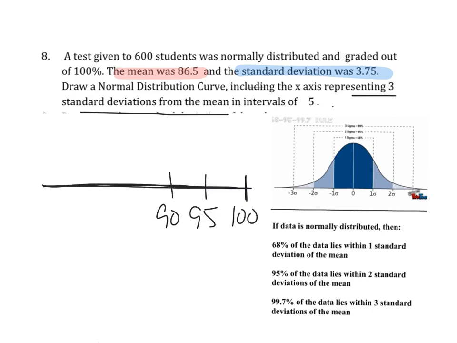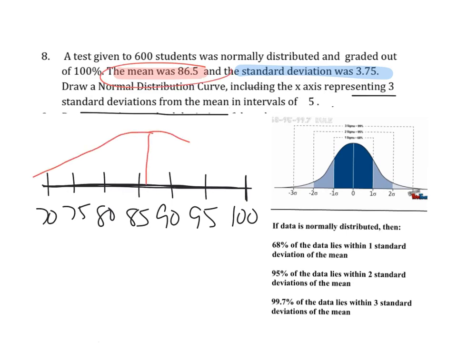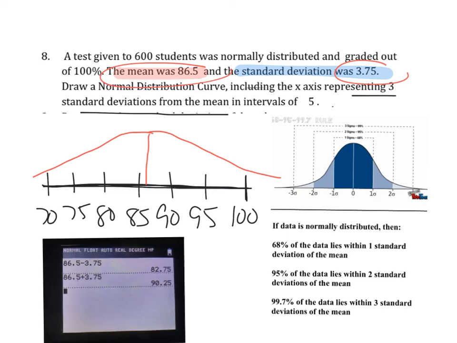And now we'll put the key values into our problem. The mean of this test, which they tell you was 86.5, and the standard deviation to be 3.75.